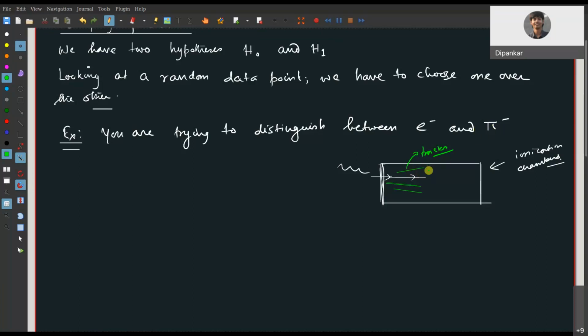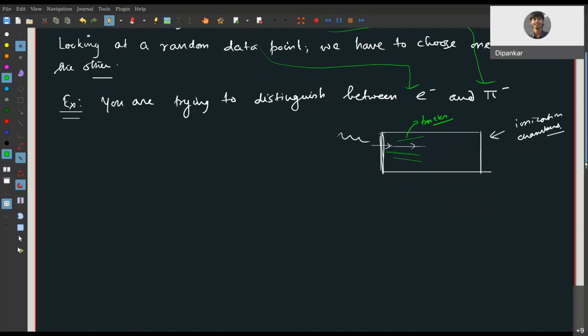You have found the distribution of this track length when the sample is almost purely electron, and you have also constructed a distribution where the track length is purely made up of pion. For convenience, I will call H0 my electron hypothesis and H1 my pion hypothesis.